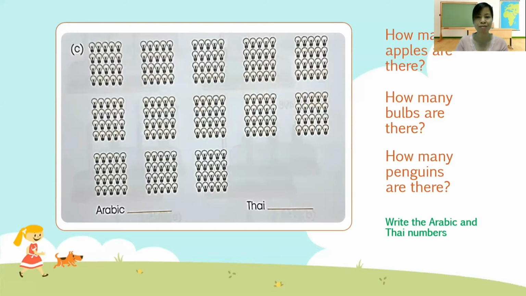So how many bulbs are there? Smart. There are 260 bulbs. Now I want you to write 260 in Thai. You can find this activity on page 3 in your workbook.